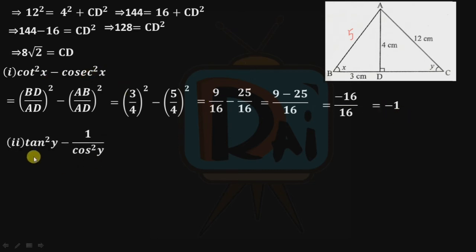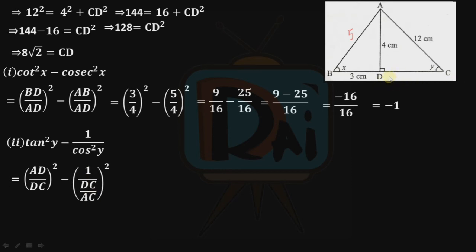Sub number 2, tan square y minus 1 by cosec square y. Tan theta is perpendicular by base. So in triangle ACD, the perpendicular is AD and base is CD. Minus 1 by cosec square y, and cosec is hypotenuse by perpendicular, so 1 by cosec is perpendicular by hypotenuse.